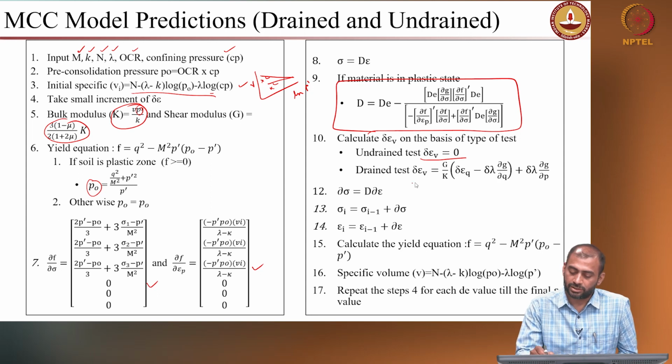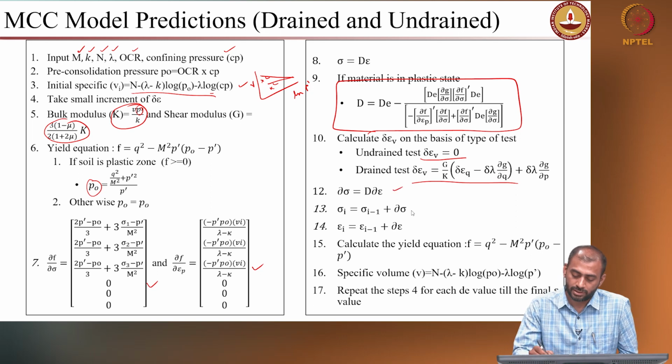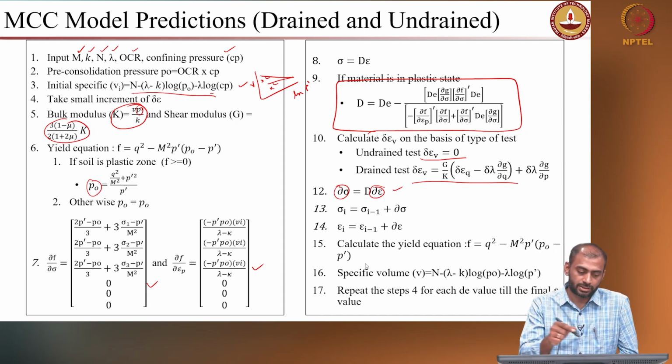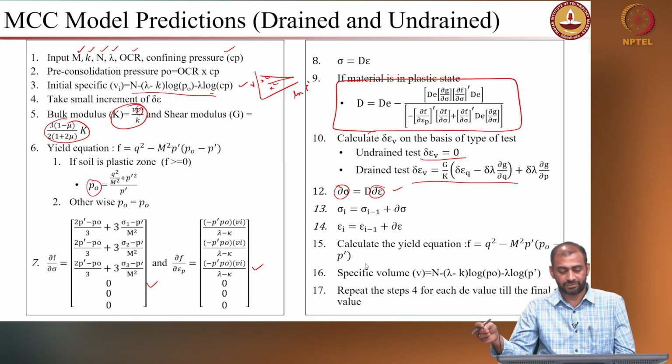If it is drained condition, use this relation, d epsilon v is equal to g by k, and then you can solve the problem. Once you have this, for a particular strain increment you will get the stress. Then you have to repeat this process for the next strain increment, continue the steps, change the specific volume, and finally you will update the stresses and strains at each and every step.